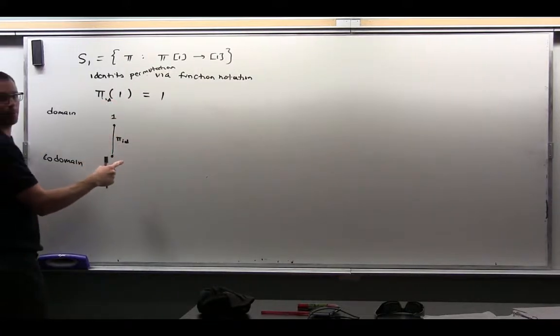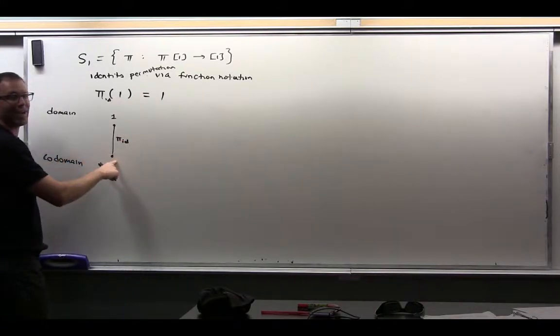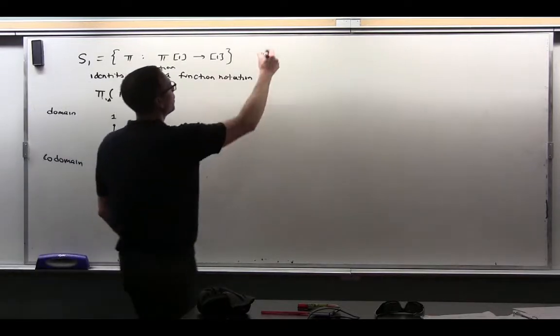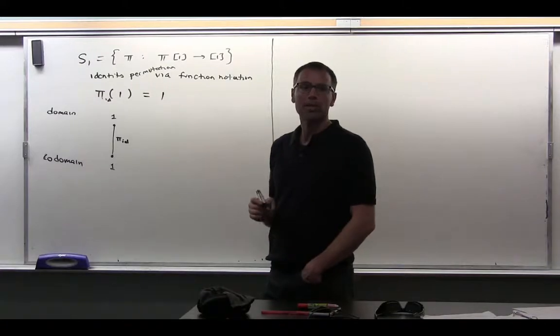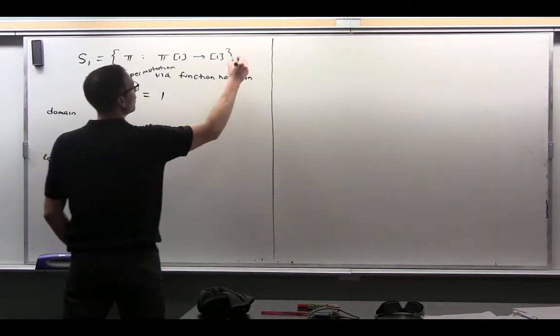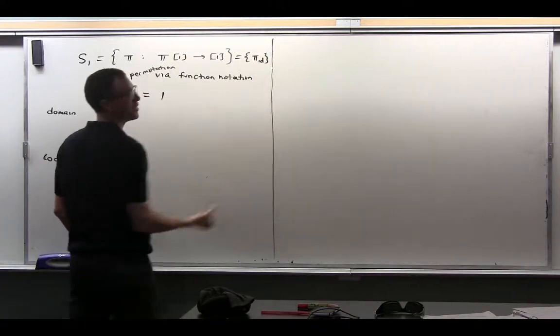Why is it the identity permutation? Because all elements in the domain get mapped to their identical versions in the codomain. Okay. All right, so guess how many actual permutations are in S1? 1. So we'll just call it pi identity.